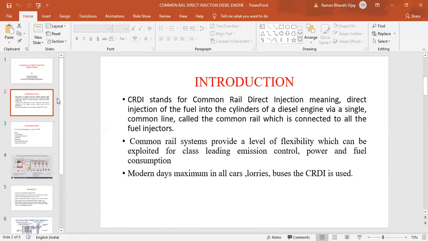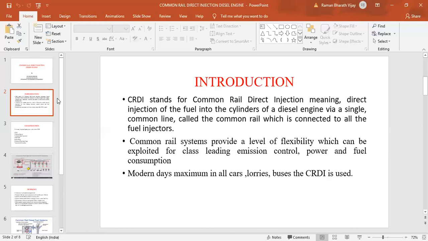First, the definition of CRDI. CRDI stands for common rail direct injection. It is the direct injection of the fuel into the cylinders of a diesel engine via a single common line. Due to this single common line, it is called common rail.